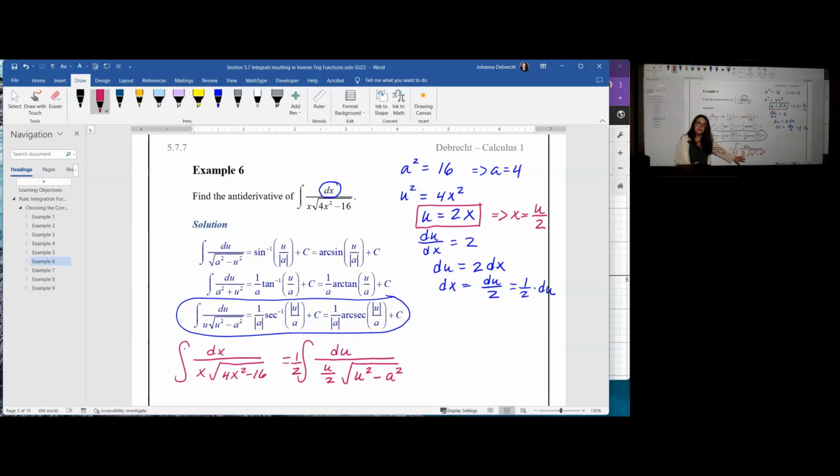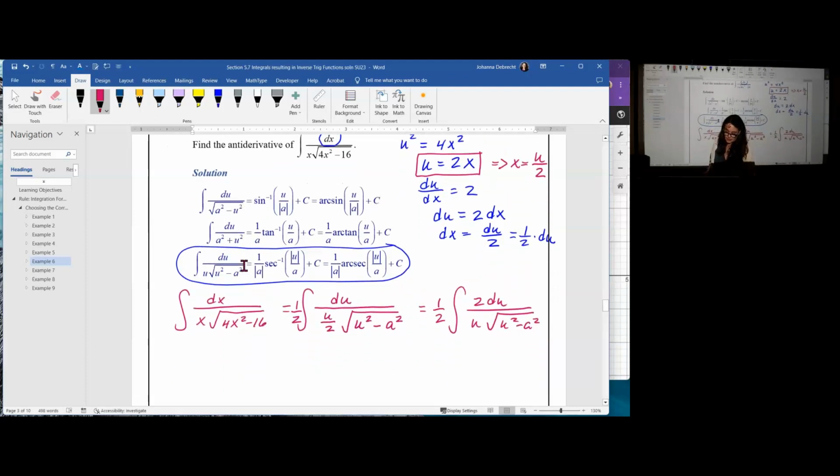However, this is in the denominator, so the 2 is the denominator of the denominator, which, as you know, moves it to the numerator. This then gives me 1/2 the integral of 2 du over u times the square root of u squared minus a squared. The 2 is also a constant factor, which can come out, and the 2 and the 1/2 cancel so that I get exactly what I need.